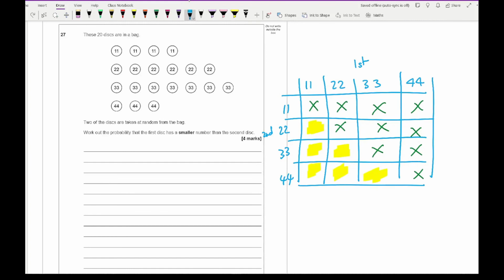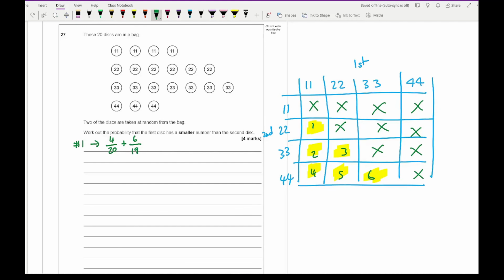Now if I label these ones as 1, 2, 3, 4, 5 and 6, let's work out each of those individual probabilities. Number 1 is 11 first, so that's going to be 4 out of 20, and then it's going to be the number 22, so it's going to be 6, but it's going to be out of 19 because I've already selected 1.